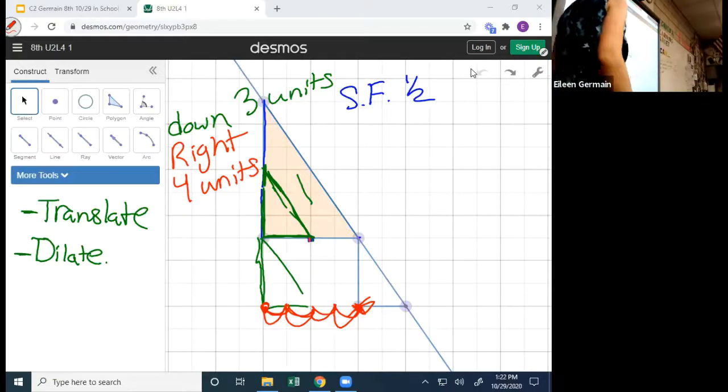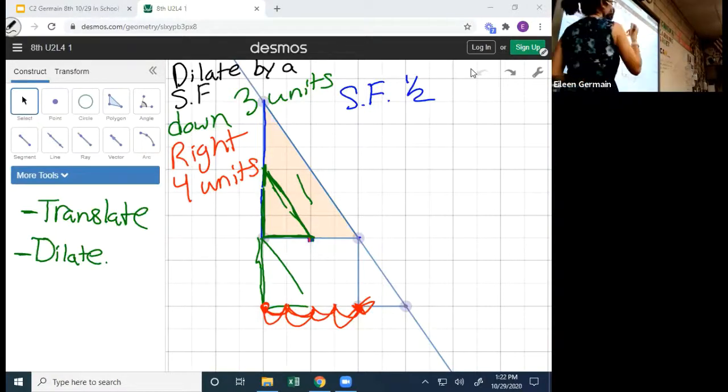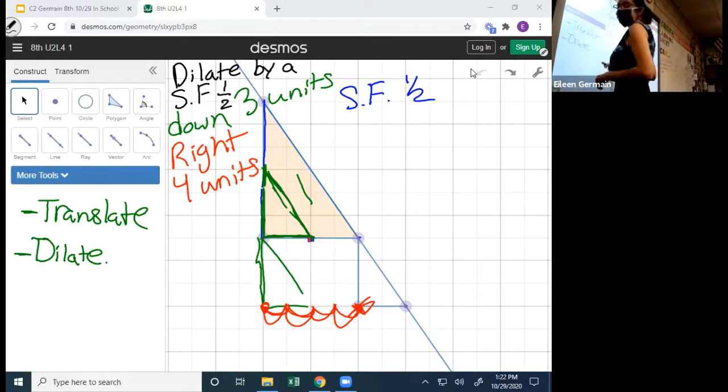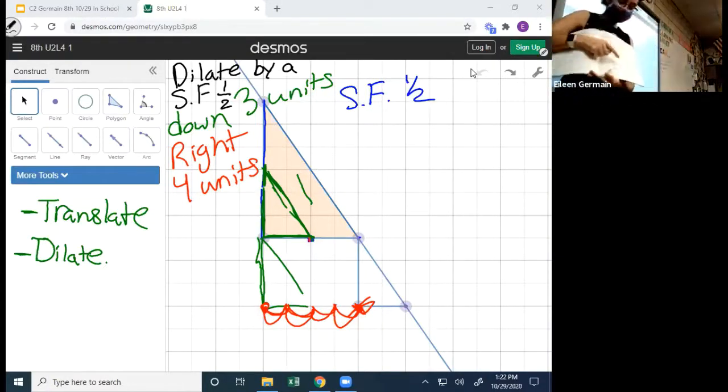And our first move, which I didn't write down, was dilate by a scale factor of, what was it again? 1/2. Very good. So in your textbook, at the bottom of this page, I want you to write down our 3 steps that we took to get from this bigger triangle to the smaller triangle.